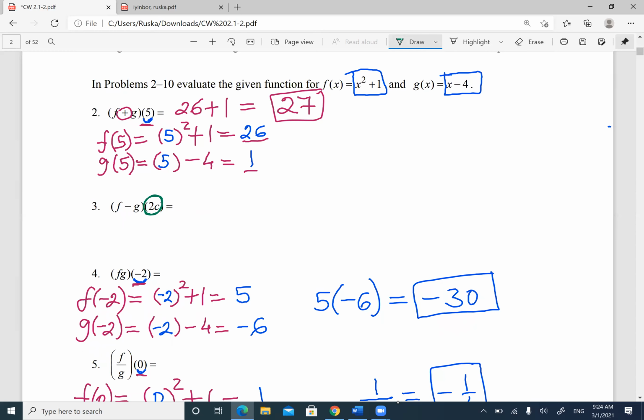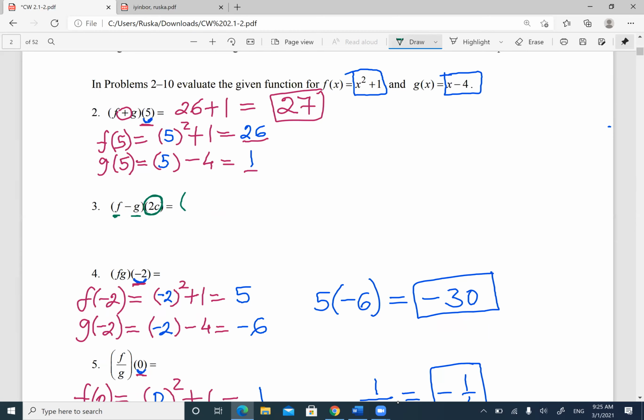So what you do here, you're going to copy. It's easier if you plug 2c into f, minus plug it into g. So I'm going to put it together because my answer is not going to be just a number. My answer is going to have c. So it's going to be an expression.